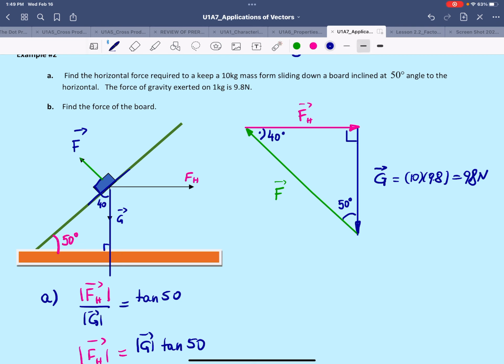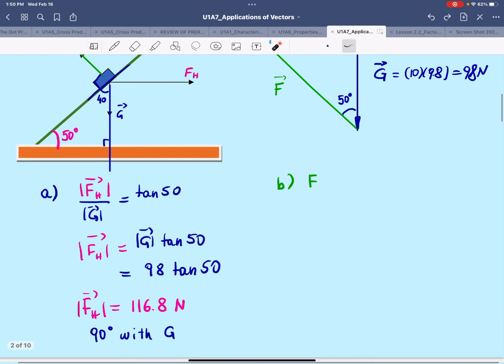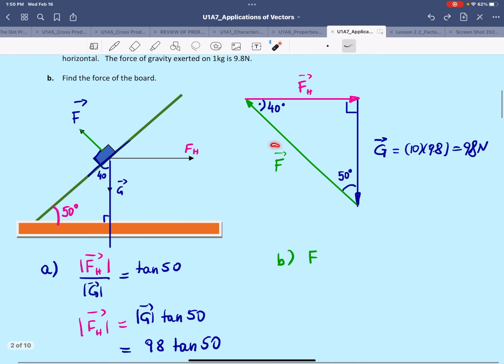In a similar way, now we'll find the force F. Now remember that force F this time is the hypotenuse. And again, I'm going to use the gravity because I do not want to use a rounded number to find the next unknown. So we have the hypotenuse, we have the gravity that we're using, and I'm going to go this time for the sine ratio.